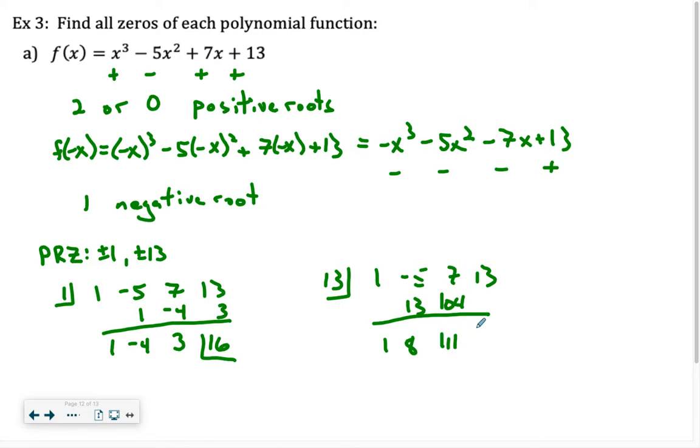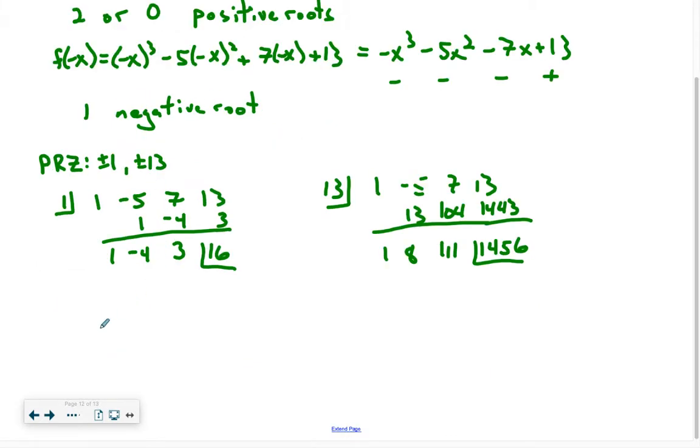Add, multiply, and add. So let's try a couple of the negative values. Let's try negative 1.